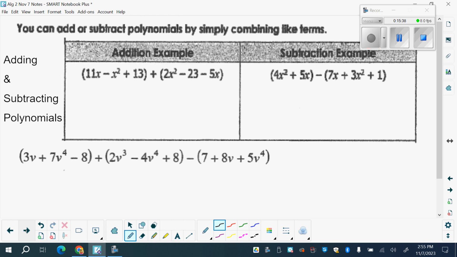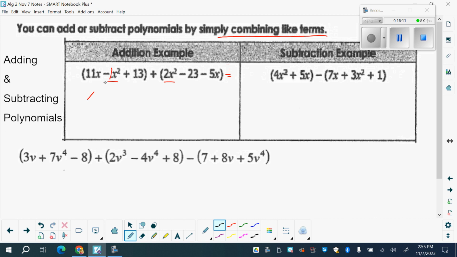Okay, adding. We've done this before. So we just want to add some polynomials, and we want to combine like terms. So we're going to put our answer in standard form. So highest exponent first. So what's the highest exponent here? 2. So we're going to add those together. This is like a -1, right?